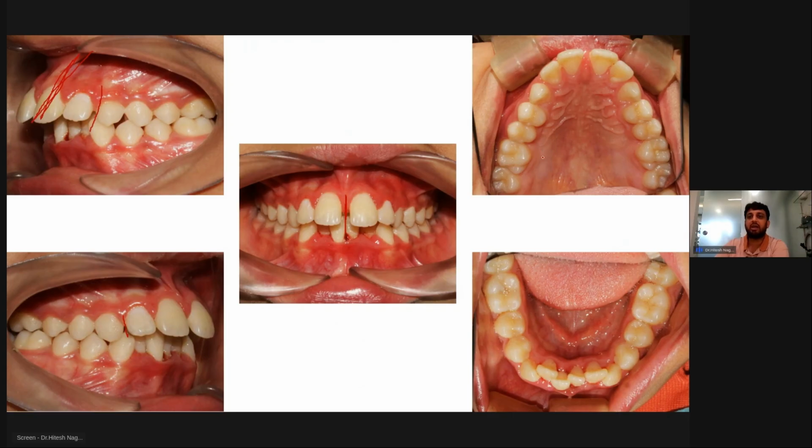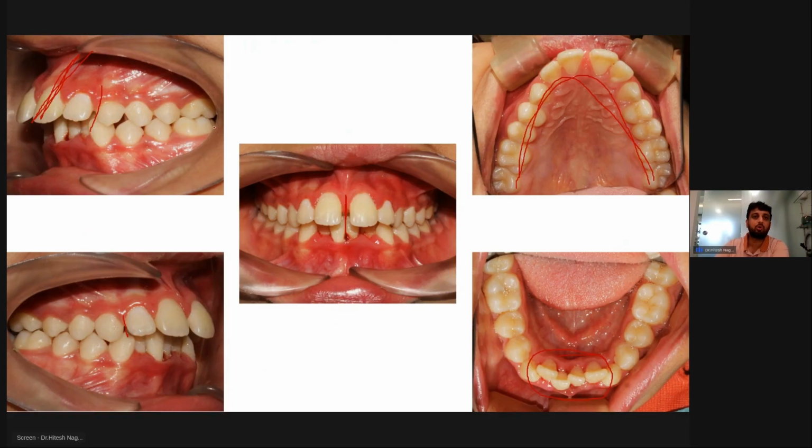When I analyze the palate, I see that the palate is slightly V-shaped. It's narrow. It's a V-shaped arch. Okay, what I see is crowding in the lower anteriors. These are the things that I'm seeing here.